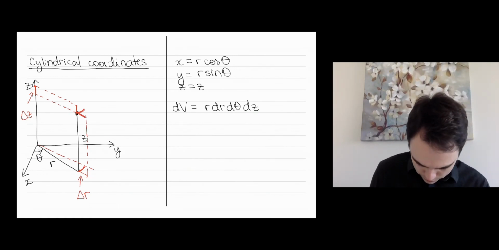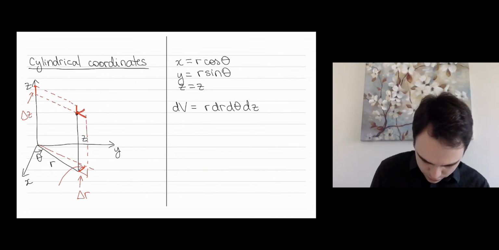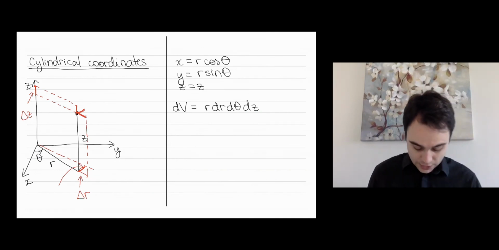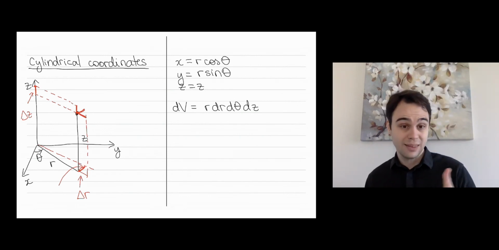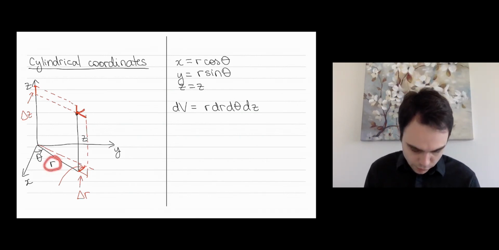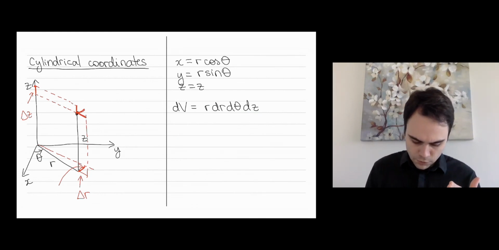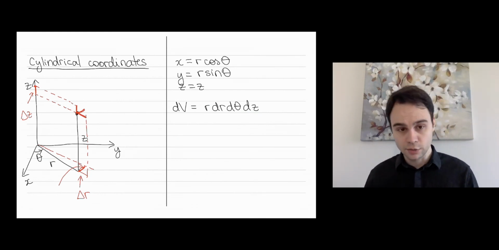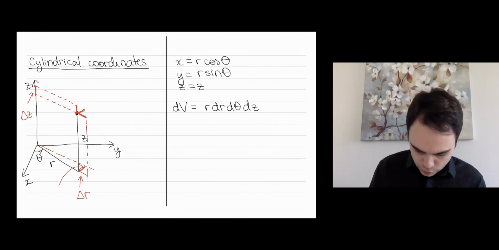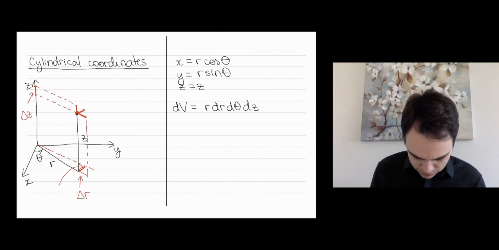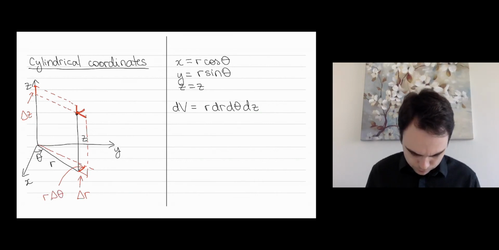Now this side over here is this length. If I increase the angle by delta theta, I'm moving on a circle of radius r, so if I move delta theta radians in a circle of radius r, I'm going to move a distance of r times delta theta.